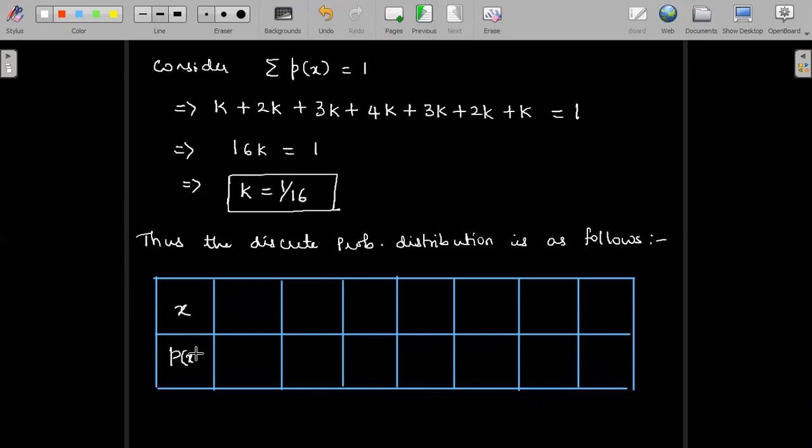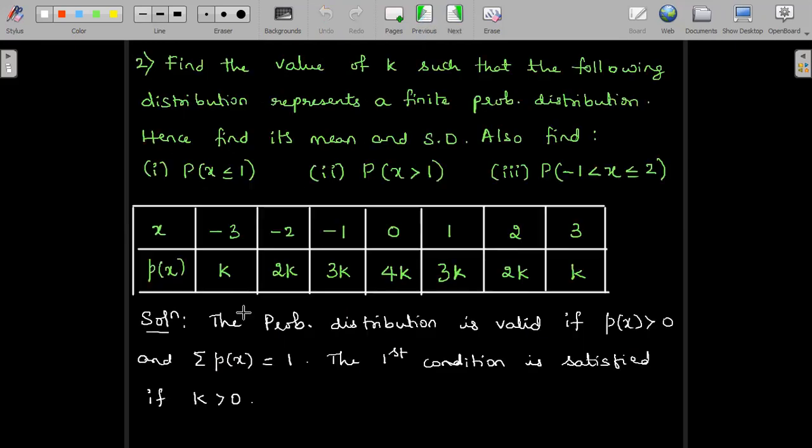K equal to 1 by 16. So x values were -3, -2, -1, 0, 1, 2, 3. And the respective values of probability with k equal to 1 by 16 will be 1 by 16, this is 2 by 16, 3 by 16, etc.